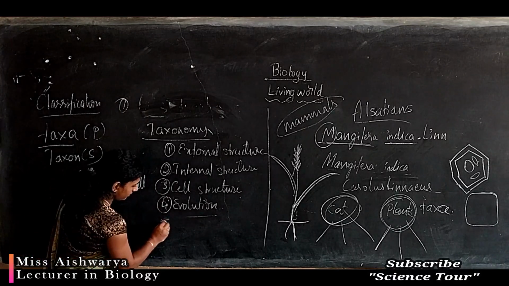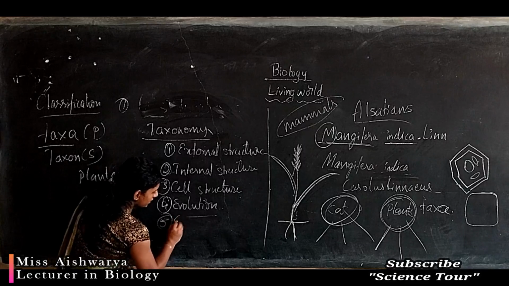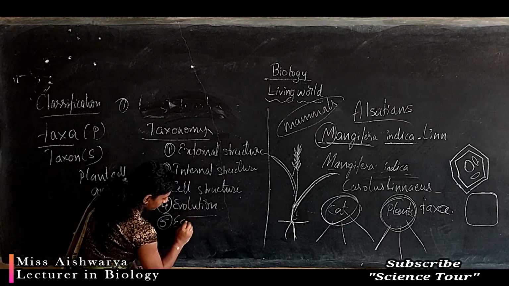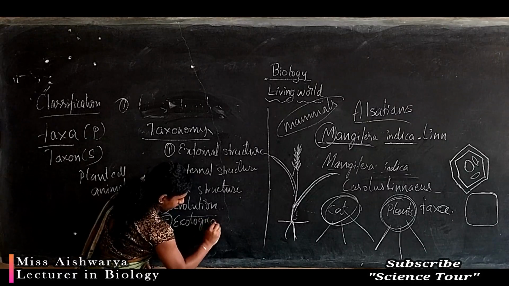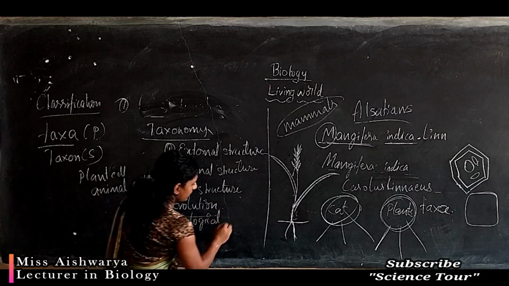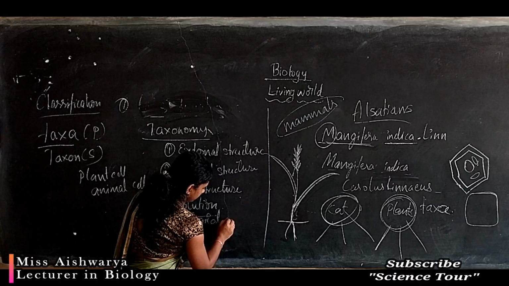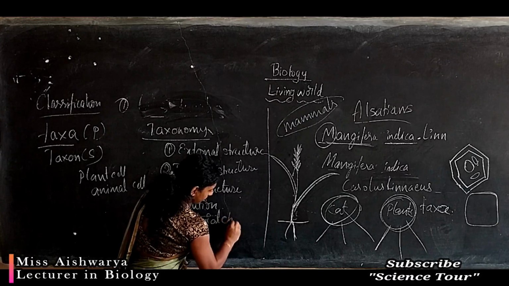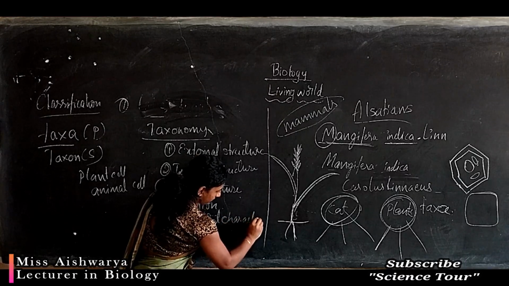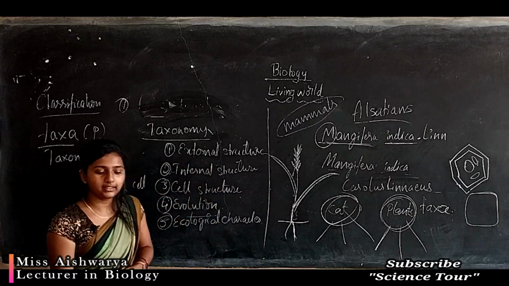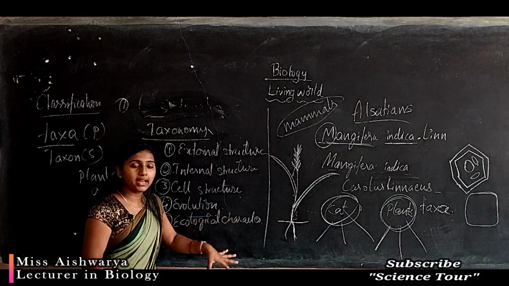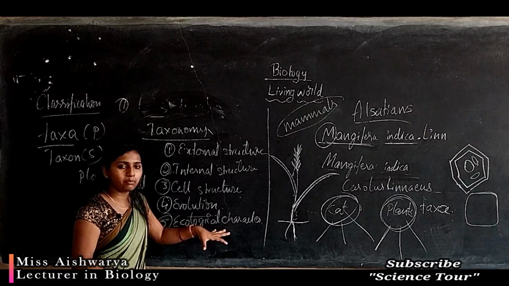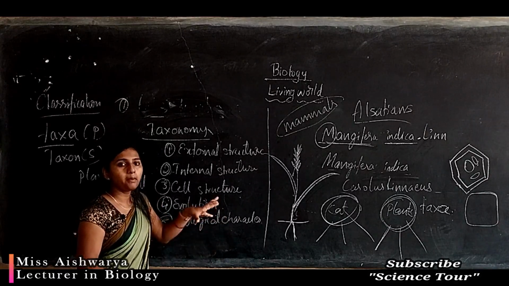And the fifth one is ecological character. Ecological characteristics are also very important, because of how a particular type of organism lives in a particular area.